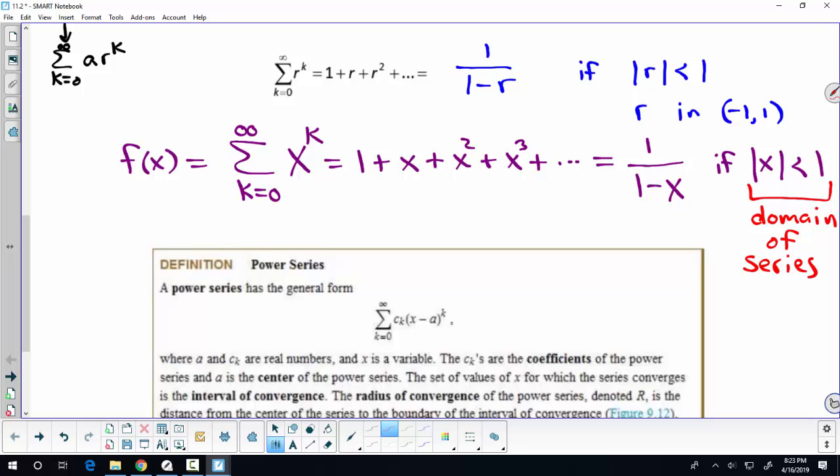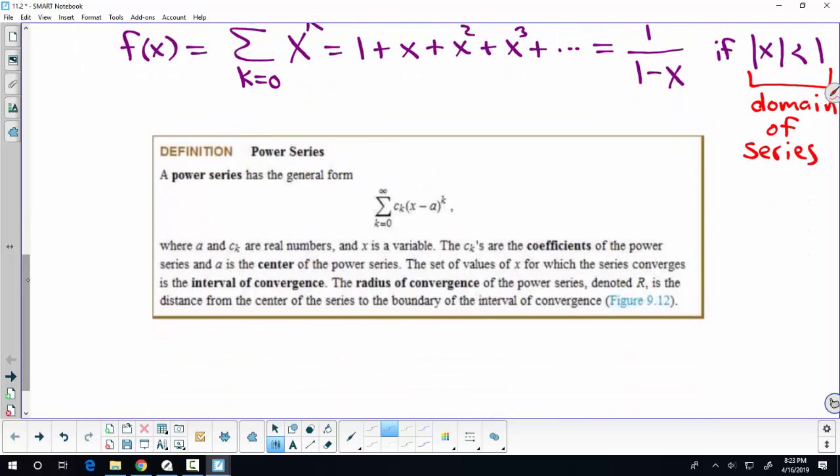You'll see that we don't actually refer to it as the domain of the series. Below in this definition, we're going to refer to it as the interval of convergence. This series converges to that function for those x values in between 1 and -1.